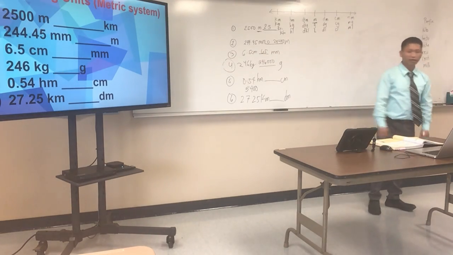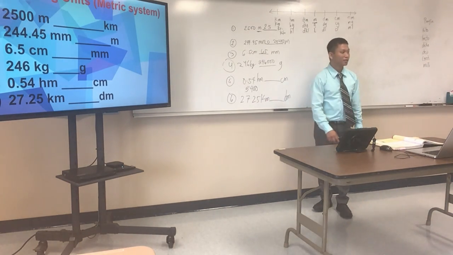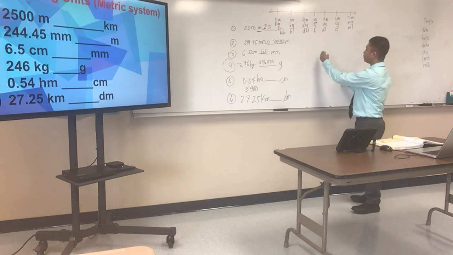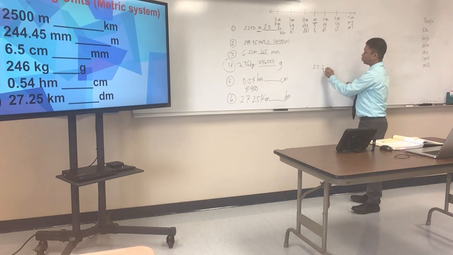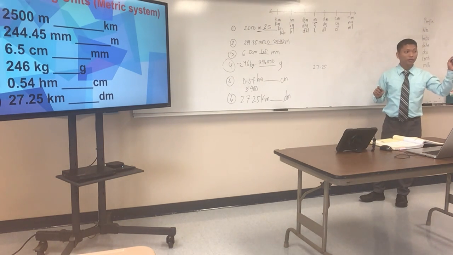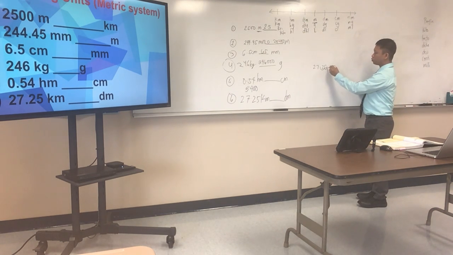So where would we start moving the decimal? Where's our decimal here? Right there, between the 7 and 2. So that would be 27.25. How many? 4. Going to the right. 1, 2, 3, and then 4.